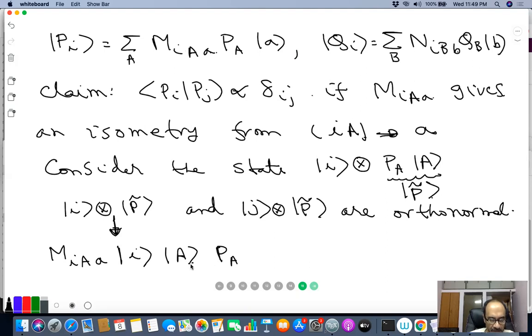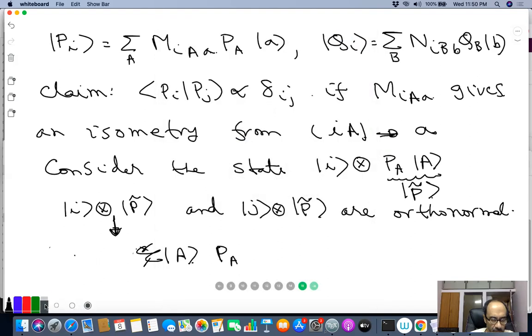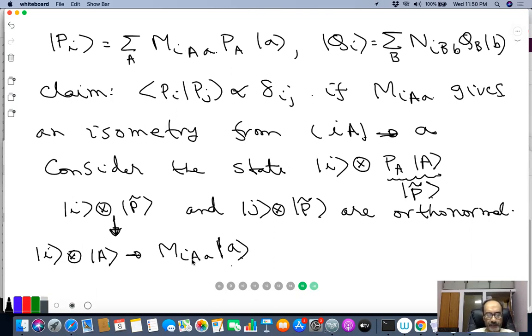Sorry, let me go back one step. So this state, I times A, is mapped to M I A times A. That's the meaning of the isometry that this generates, if you think of I and A as input legs and a as the output leg.